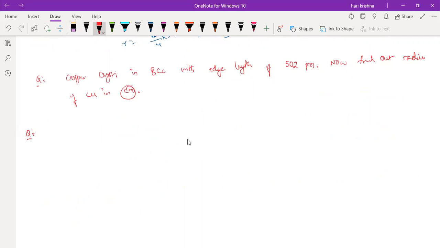Be careful in solving the density numericals because you'll get the a cube value, right? So see the question properly. Lithium has a BCC structure.